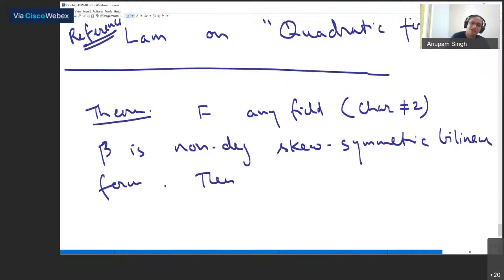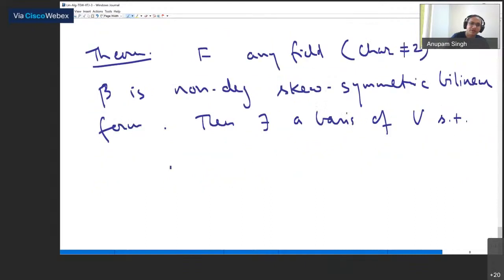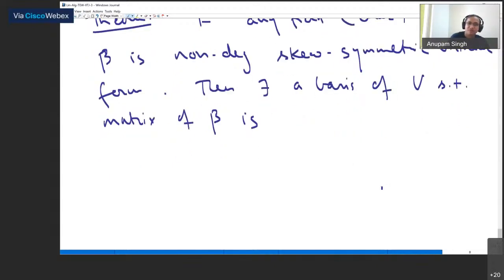Then there exists a basis of V such that the matrix of beta is of the form 0, 1, -1, 0.